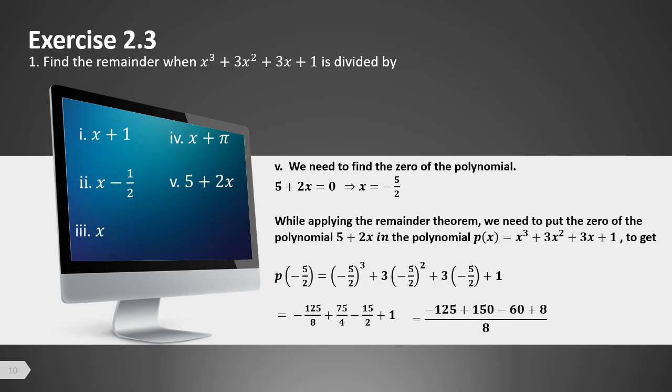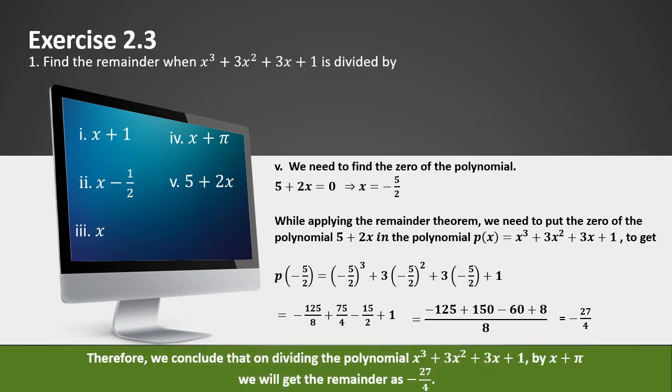We take LCM 8. 8 ones are 8, so 125 into 1 is minus 125. 8 fours are 2... 75 into 2 is 150, and 15 into 4 is 60 with negative sign, plus 1 into 8 is 8. When you calculate, we get the remainder minus 27 by 4. Therefore, we conclude that when the given polynomial is divided by 5 plus 2x, the remainder will be minus 27 by 4.